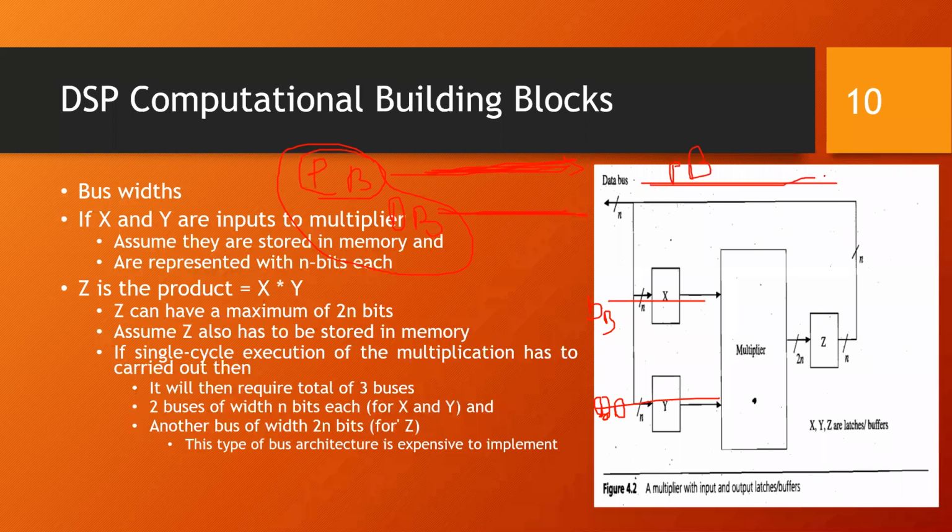After fetching the instruction, this is actually free now. So you are putting in one extra bus over here. Even this is possible: you can have one program bus and two data buses to fetch the data and give it to the multiplier.